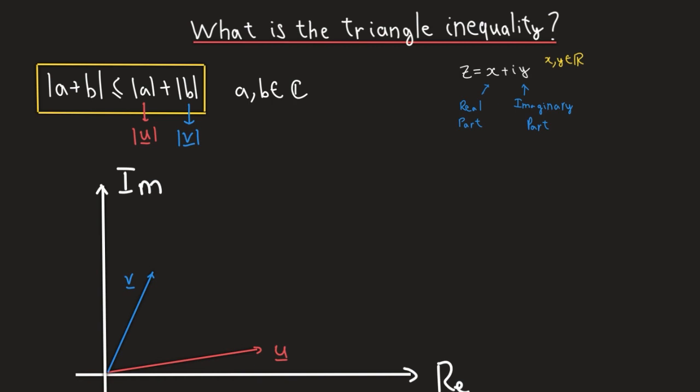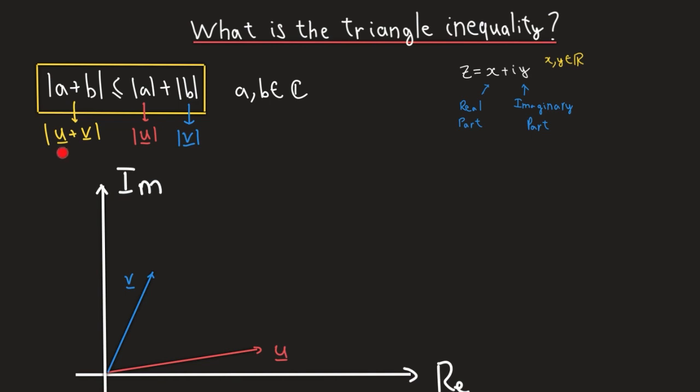And when we talk about the modulus of our complex number a, we are essentially talking about the magnitude of the vector u, and similarly for b. But what would the modulus of a plus b represent? Well, remember that the vector u is represented by a, and similarly for b, which is represented by vector v. So we have the magnitude of u added with v.